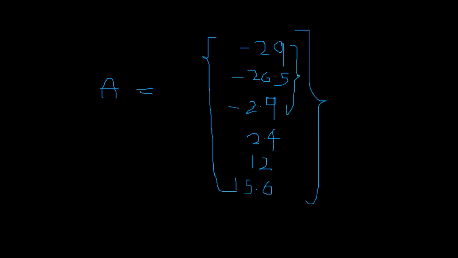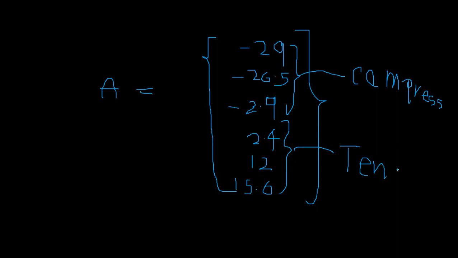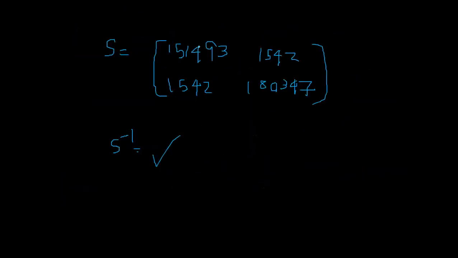That means this is in compression, right? These are positive. So that means those are tension. So this is pretty cool, right? You can even do finite element modeling and check these results. They should be exactly equal because the software uses this displacement method to find these, right?